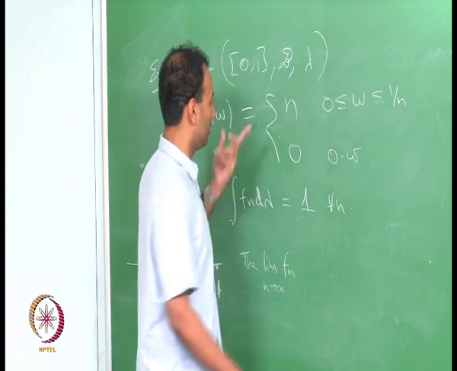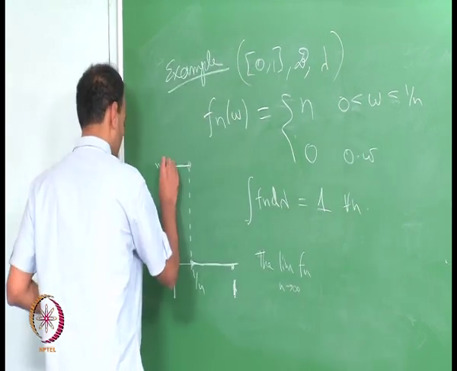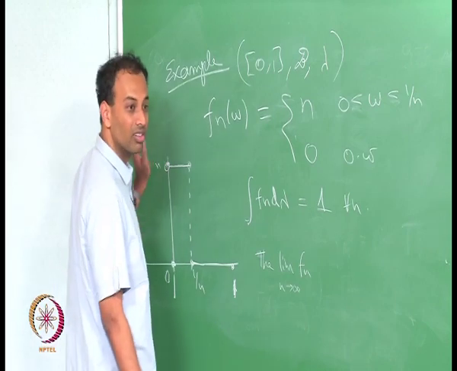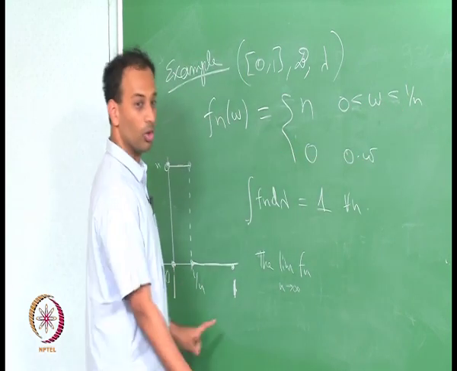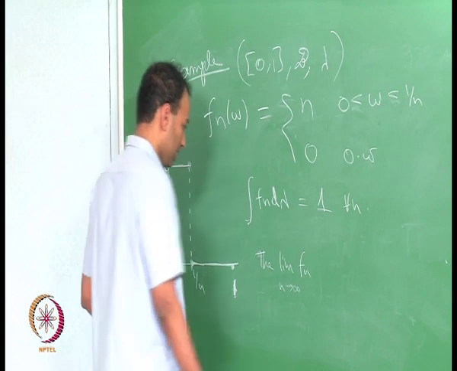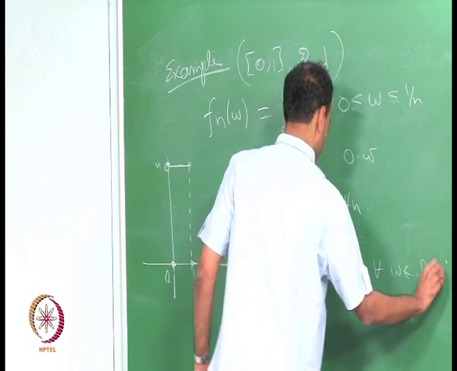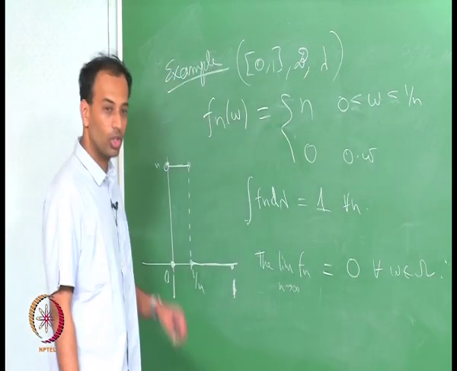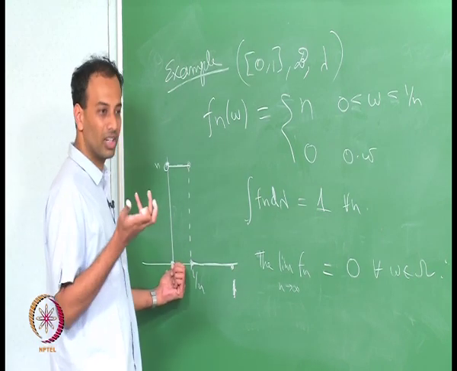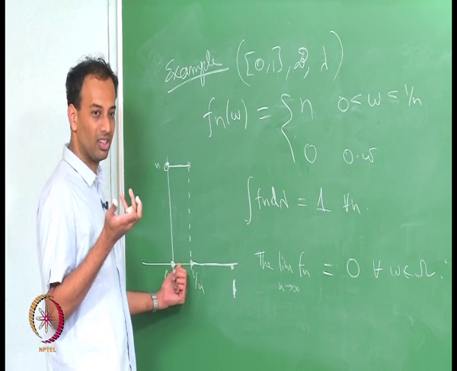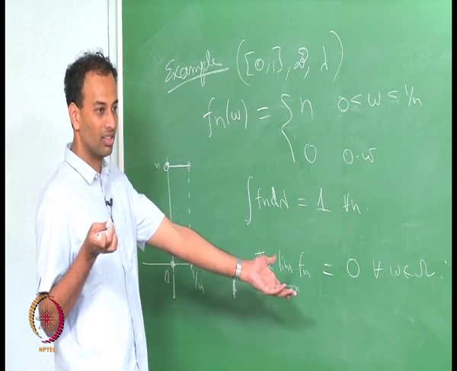To avoid confusion, let me just put the function at 0 to be 0. So, the limit function is equal to 0 for all omega, correct, because no matter which omega you give me, there will be some n beyond which the function is 0. So, the limit function is identically 0, correct.